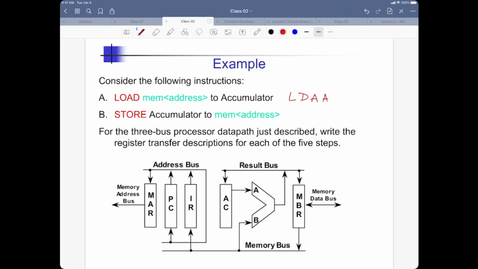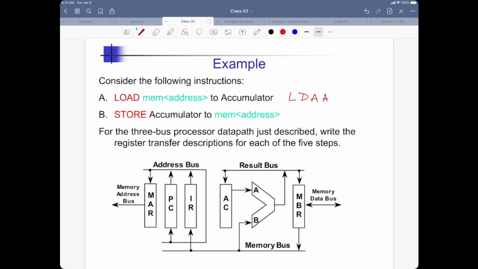Is there a B? Yes. In some data paths, you will have more than one accumulator. You may have accumulator A, accumulator B, and so on. And if that is the case, you can bring things from memory into accumulator A, or you can bring it to accumulator B. Right now, we are going with only one accumulator.